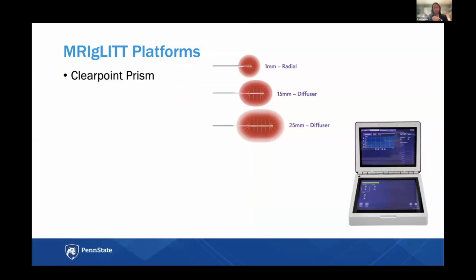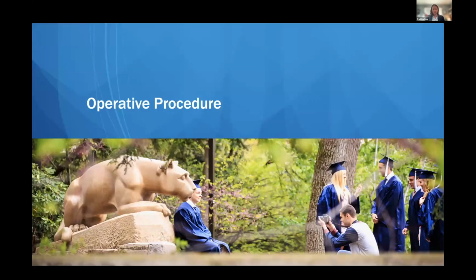The newest platform is by ClearPoint, a company that has really been in the MRI space in terms of MR-guided biopsies and procedures. Again, they have their new laser fiber. The techniques are really similar across the platforms, with some subtle differences. I personally have utilized the Visualase and NeuroBlate systems. I currently use the Visualase system, but they're all similar across the spectrum.